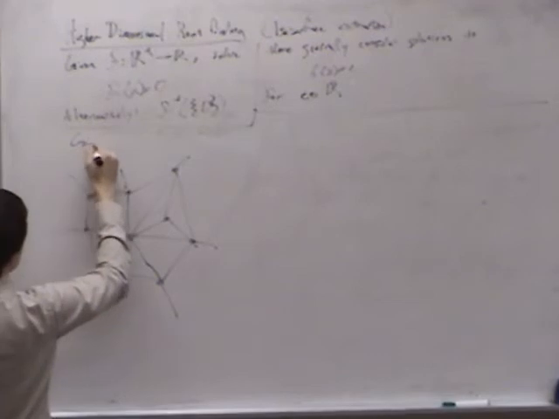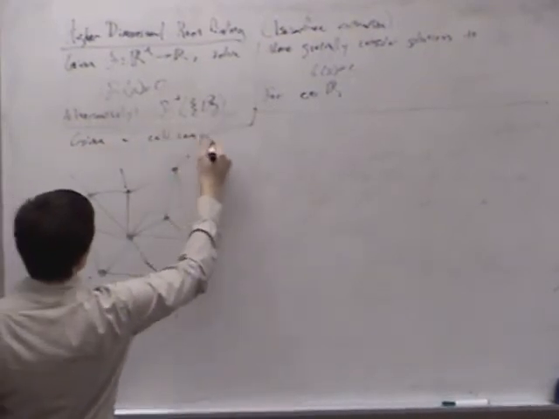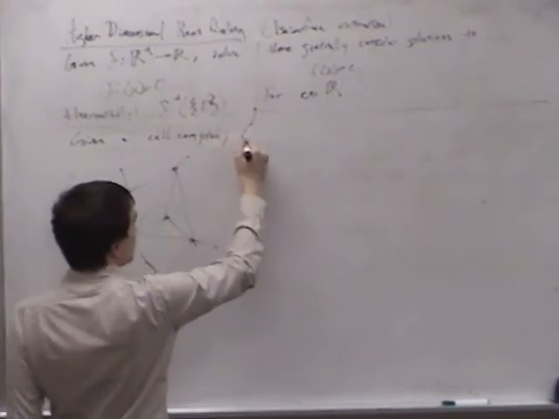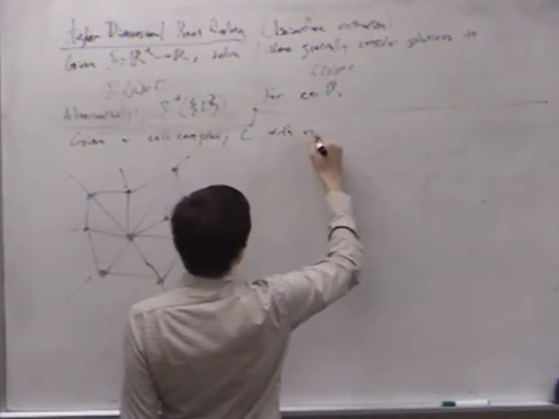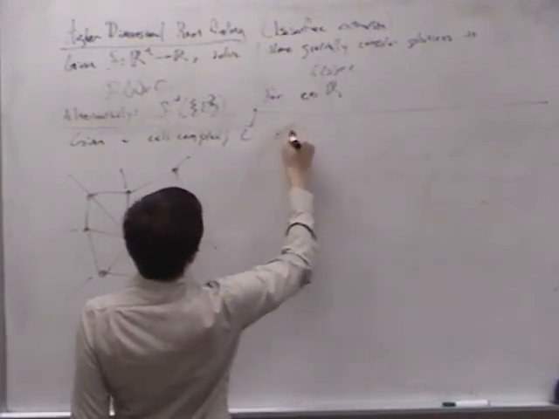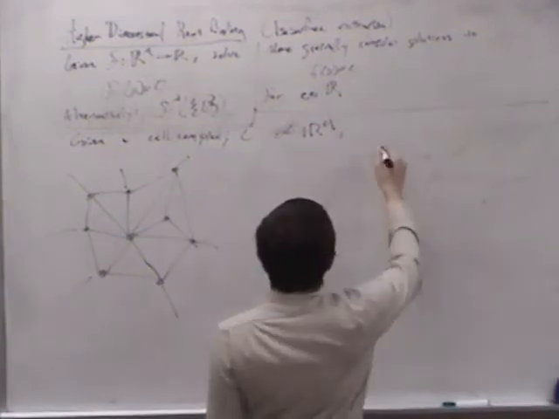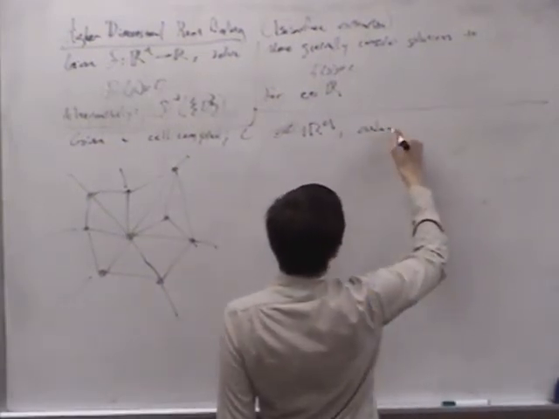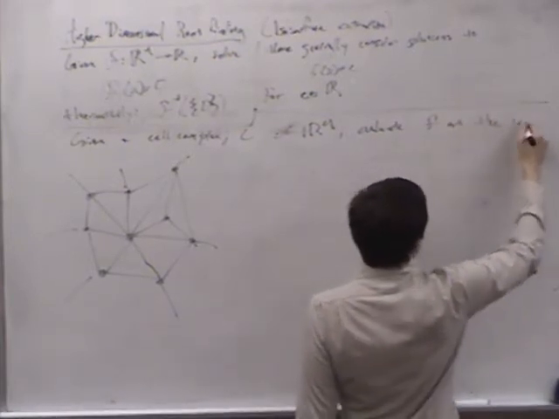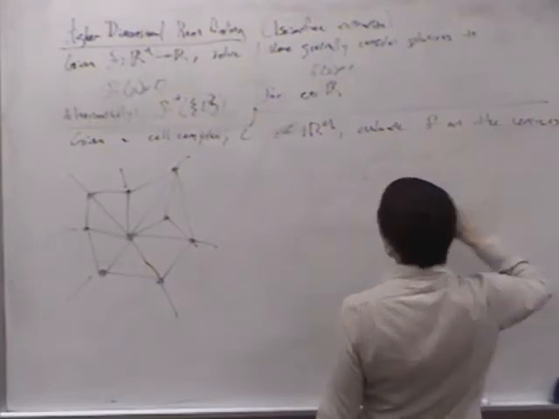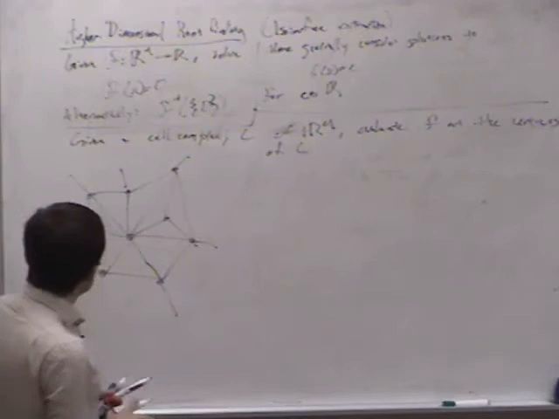So we'll say, given a cell complex, or a triangulation, whatever, call it C, with vertices in R^d, evaluate f at the vertices of C. So this is the idea.